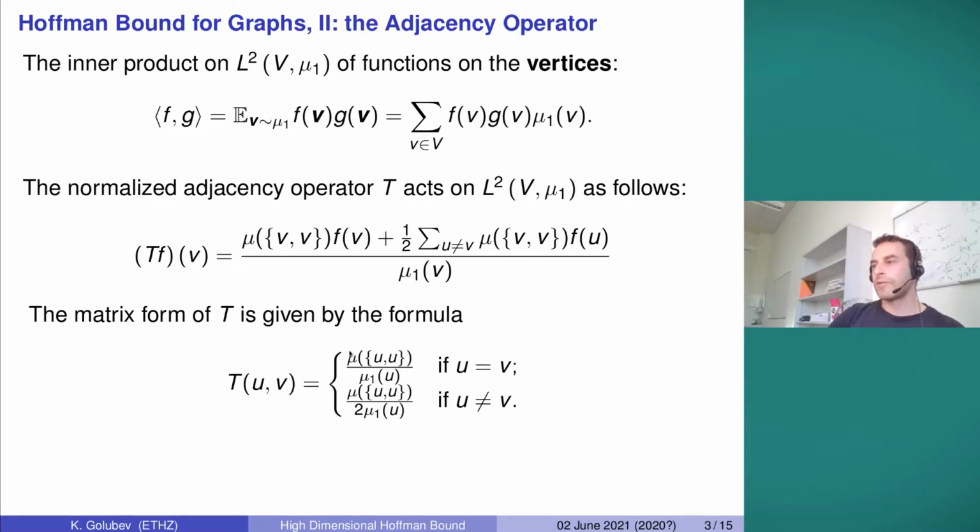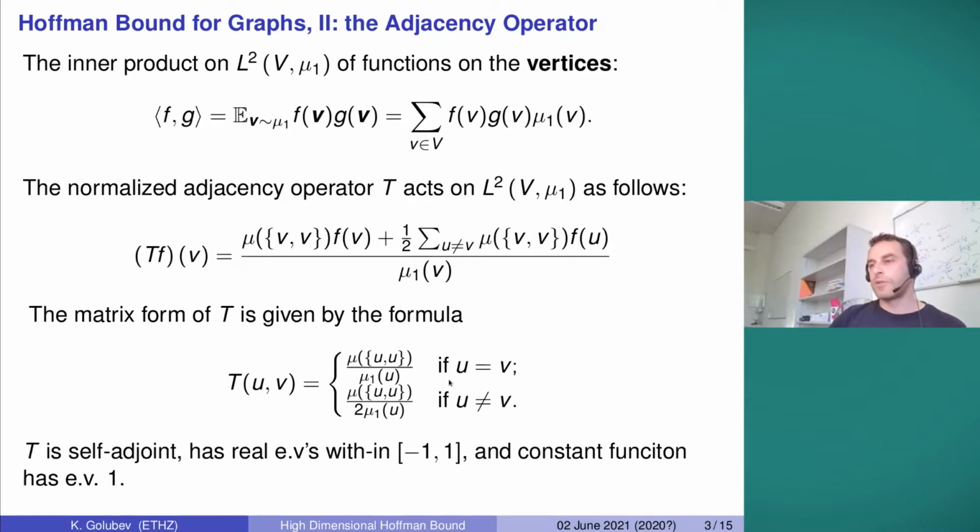On the diagonal, we have the measure of the loop divided by the induced measure of the vertex. If it's not a loop, then there's a typo: we take the measure of an edge divided by twice the measure of u. It means that in every row the sum is 1. In particular, this operator is self-adjoint, has real eigenvalues within the interval from -1 to 1, and the constant function is an eigenfunction whose eigenvalue is 1.